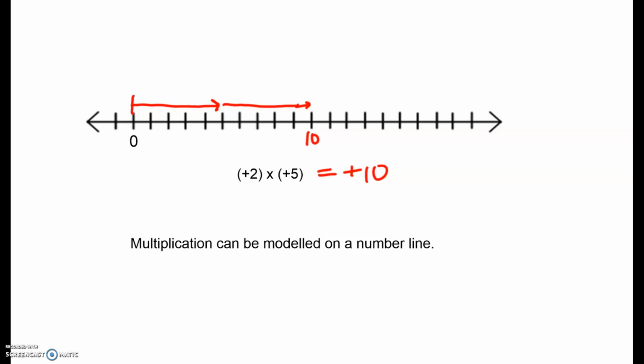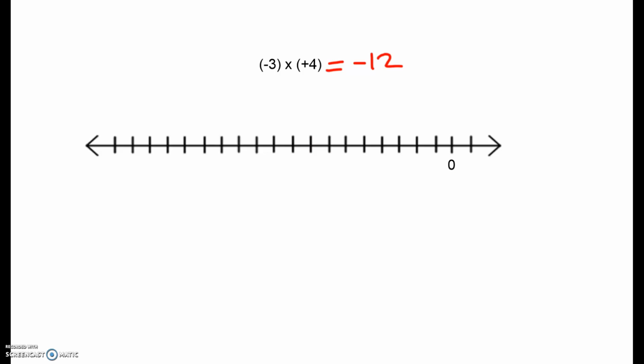Now, if we look at the next example here, we've already written the answer. These numbers have different signs, and so they will have a negative answer. And we know that it will be negative 3 times 4 is 12, negative 12. And so, because we know we're going to get a negative answer, we start at 0 and go in the negative direction.